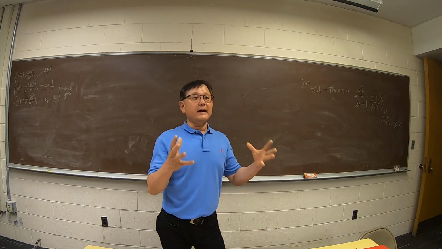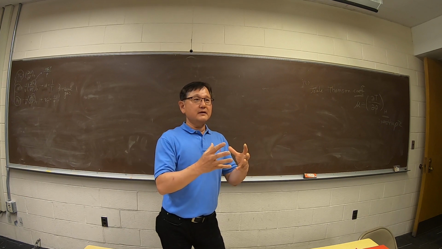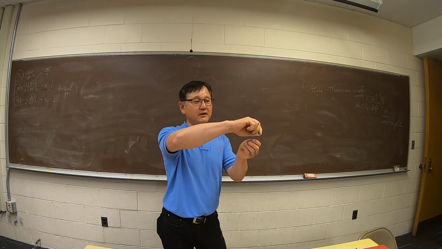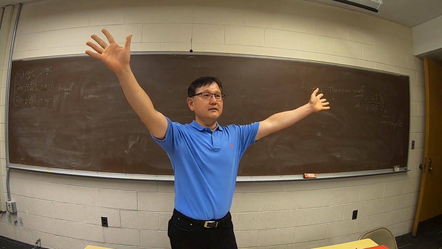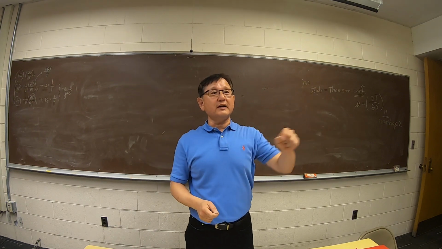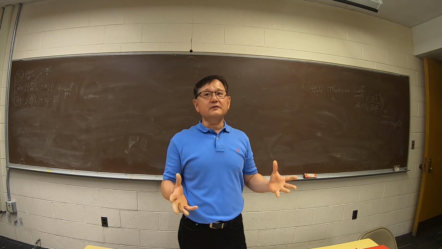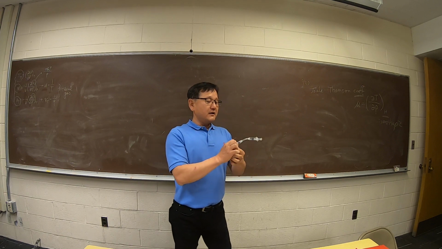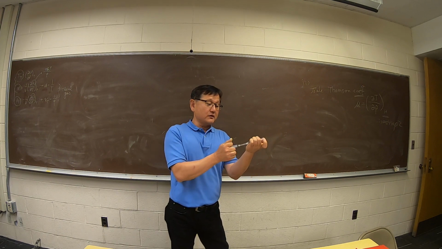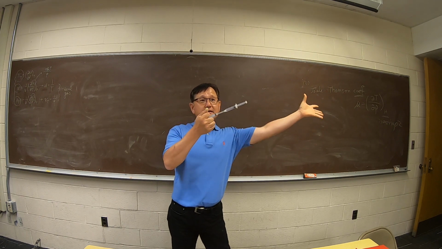So I have a gas in this one, and I want to compress it. Okay, I compress it, and I have a nozzle. I open it up, I let them expand. And you want to put the thermometer to see if the temperature is going to go up or go down. That's an experiment that people would like to do. So people can compress and then let it go and expand, right?